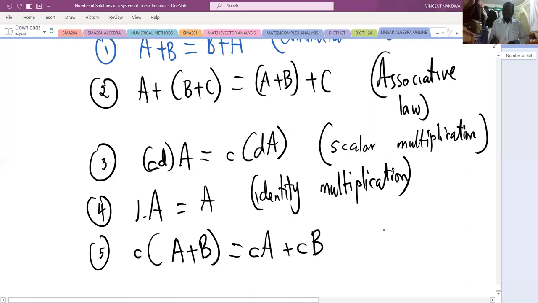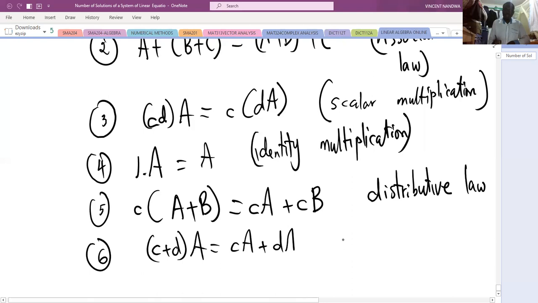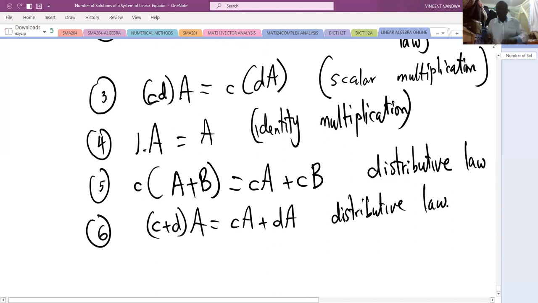This is called the distributive law. And then number 6, (C plus D) multiplied by A gives you CA plus DA. This is still distributive. Good.